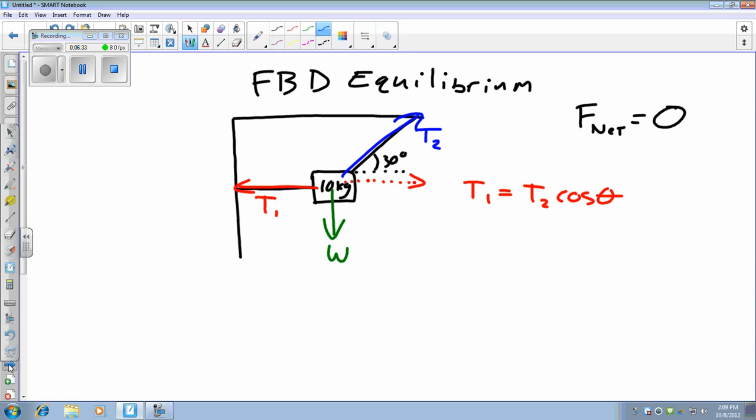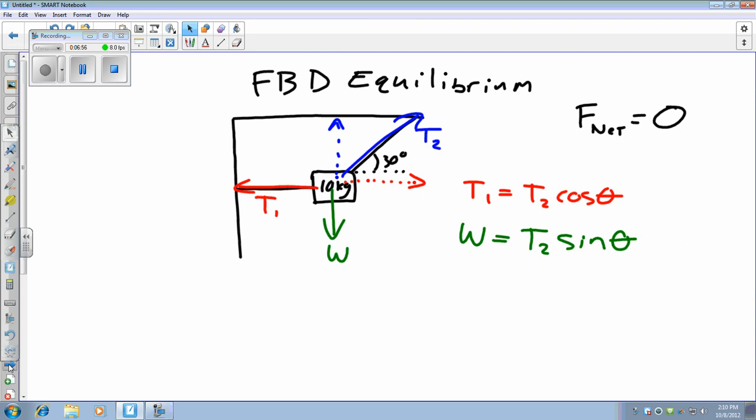This upward part, this part here, which can be completed as the outer side of the triangle, has to balance the weight of the object. So it's safe to say that the weight of the object has to equal T2 times the sine of the angle.